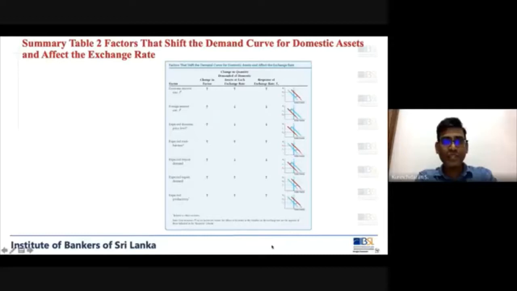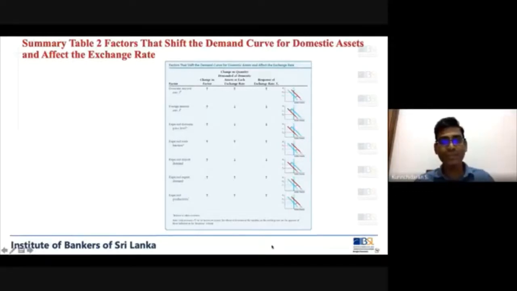Now, expected domestic price level relative to other countries. Let's think. We know what the price level is now, the domestic price level. When I say domestic price level, it's the US price level, right? You think the expectation of this price level is that it is going to increase.